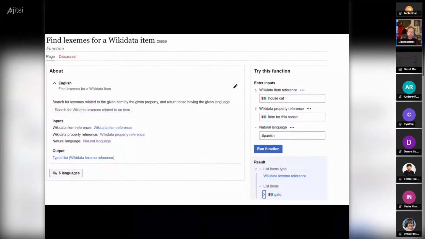And so after running this function, I'll get back a particular lexeme, gato, which of course allows me to talk about house cats in Spanish. Once I have the lexeme reference, of course, I can use other functions to fetch the lexeme from Wikidata and extract all kinds of content from inside the lexeme.